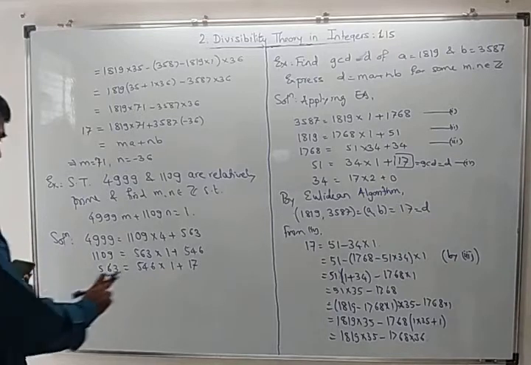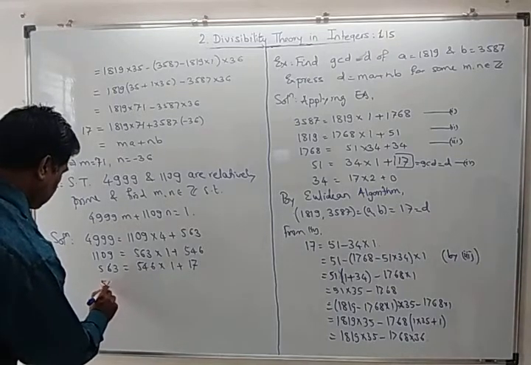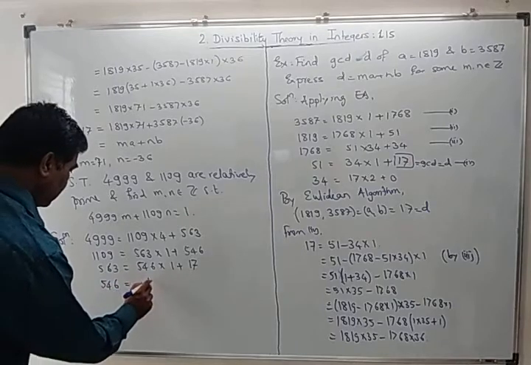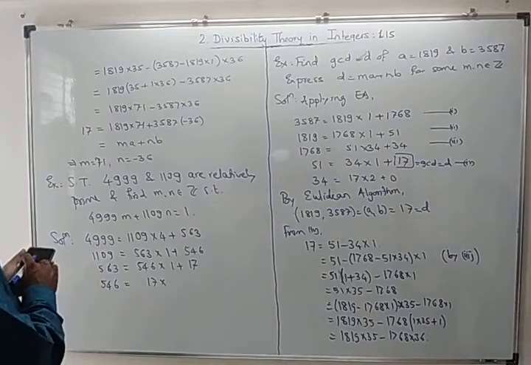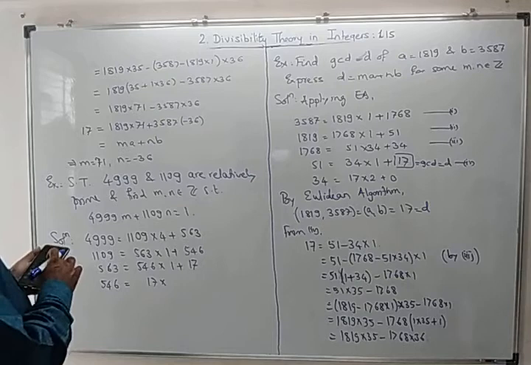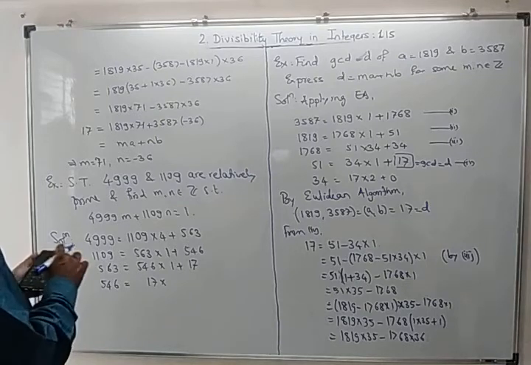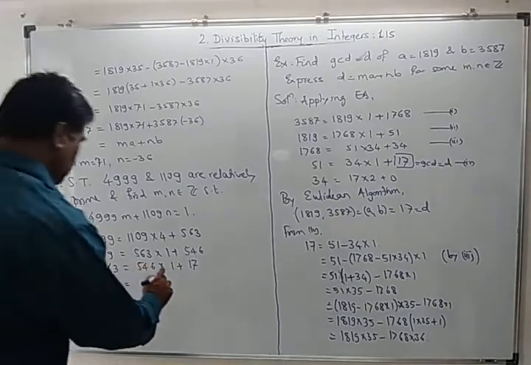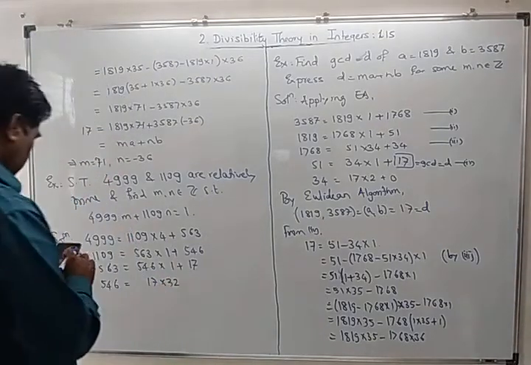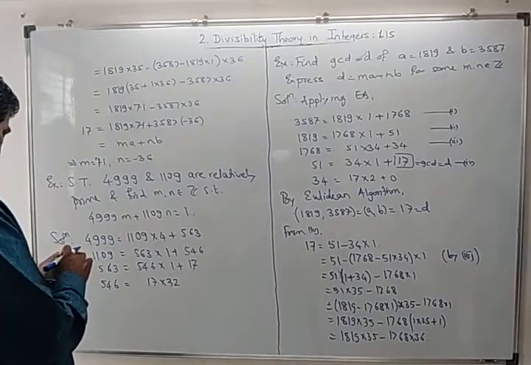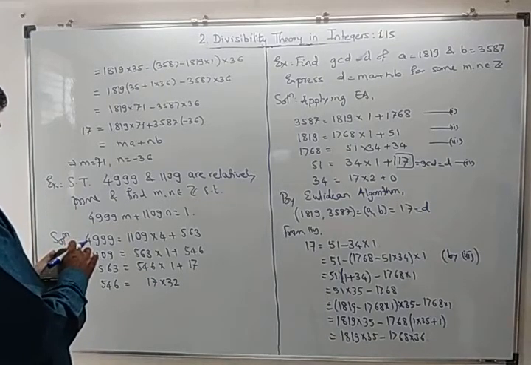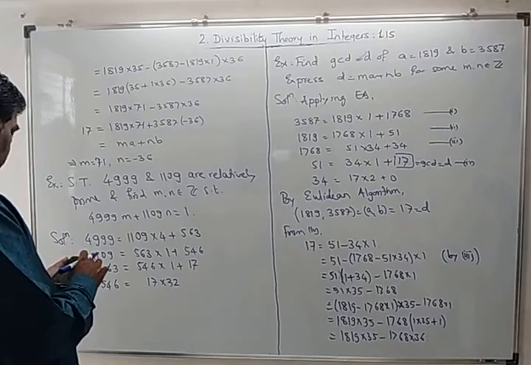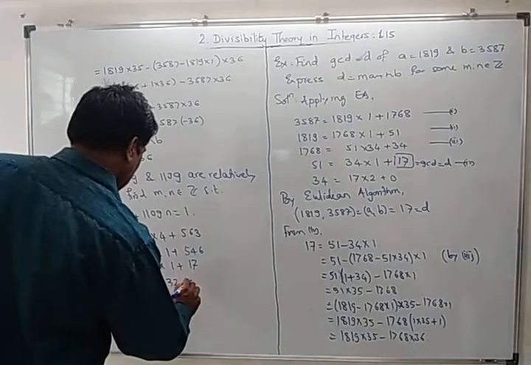Then we'll divide 546 by 17, into 32, 544 plus 2.